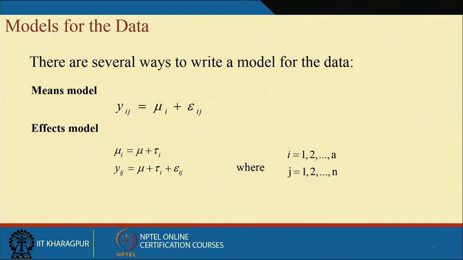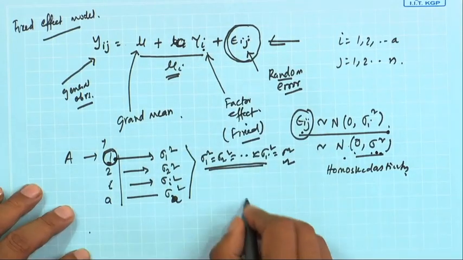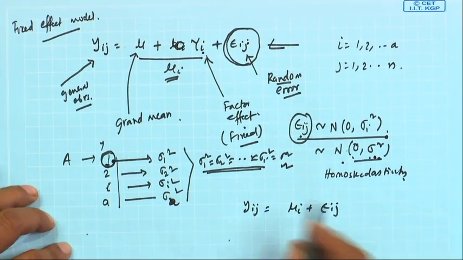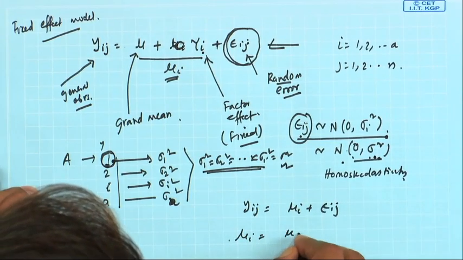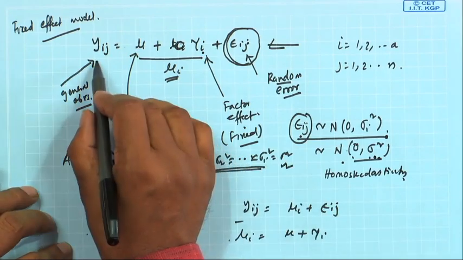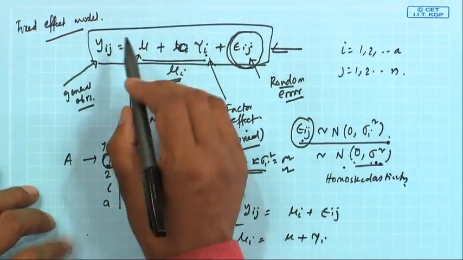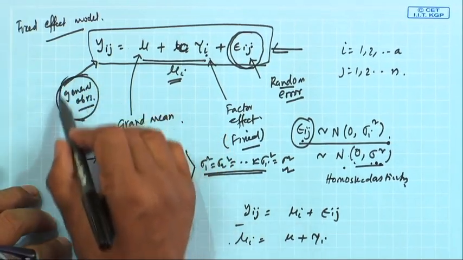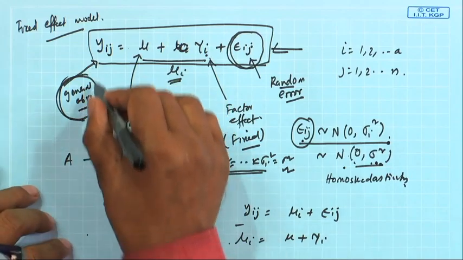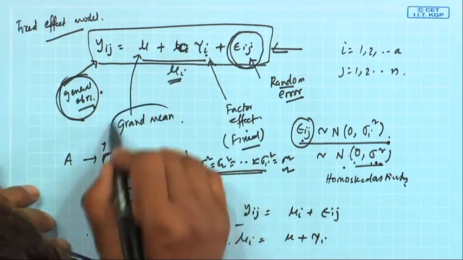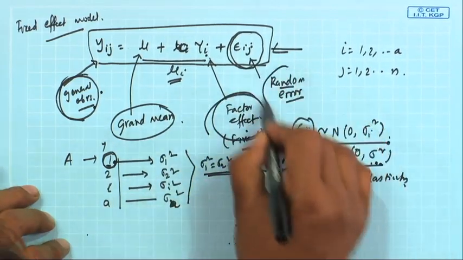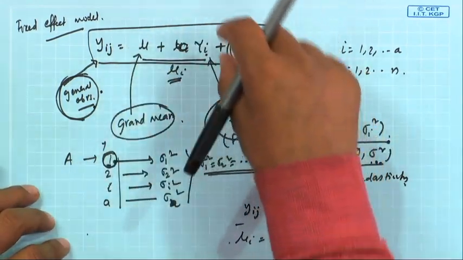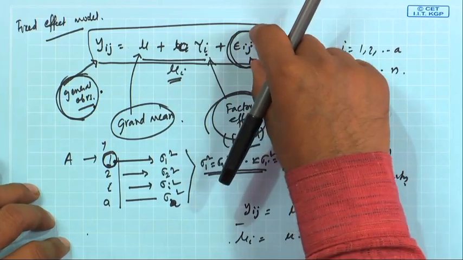As I told you, mu plus tau i, you can also write y i j equals mu i plus epsilon i j. So, what is mu i? Mu i equals mu plus tau i. This is also known as partitioning. You see that a particular experimental run, the y value you got, is partitioned into the grand mean, plus the fixed factor effect, plus random error. So, it is partitioned into three components: overall mean, factor effect and error.